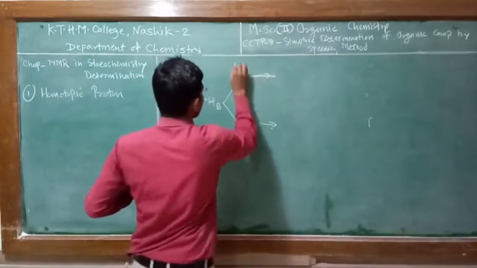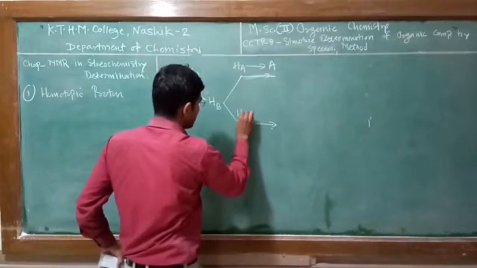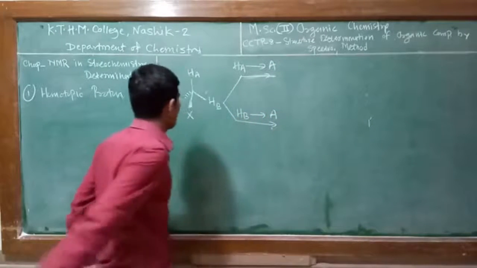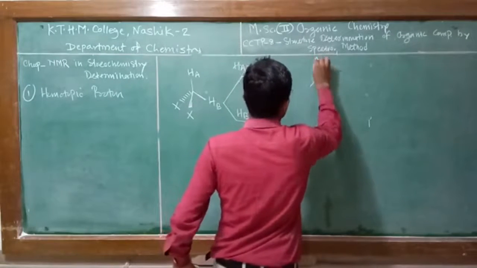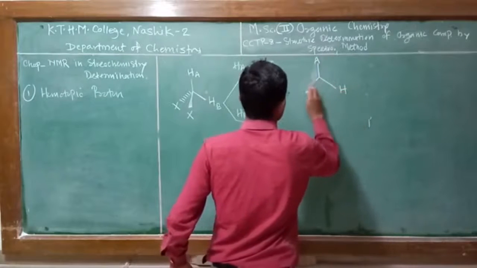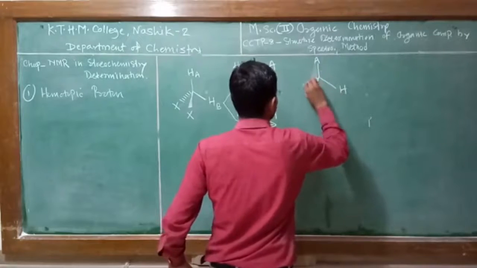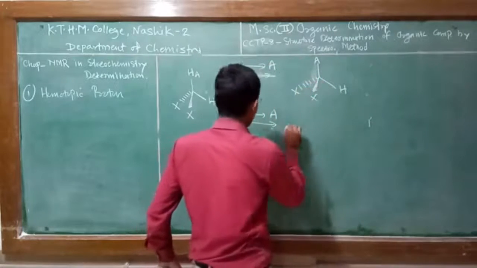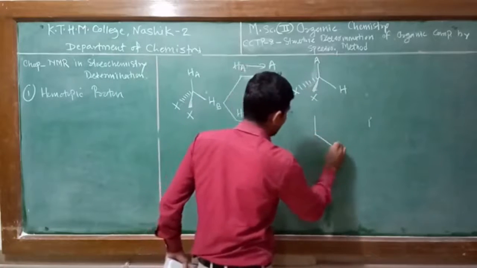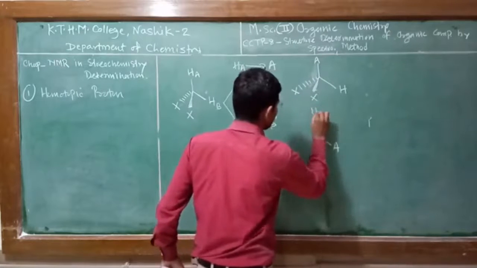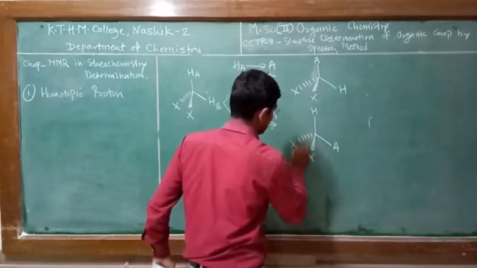Here I firstly replace the proton HA by some different atom, suppose atom A. In the same way I replace the HB proton by the atom A. So I get this molecule from the first replacement. Again I replace the second proton by the atom A, and I get this molecule.